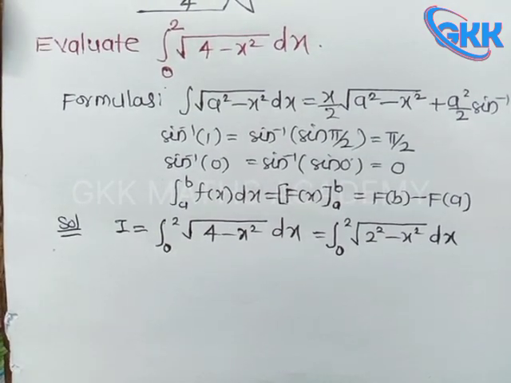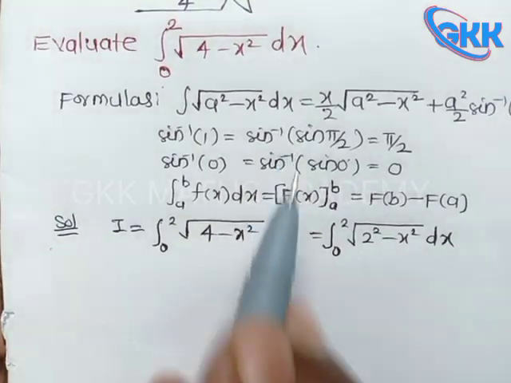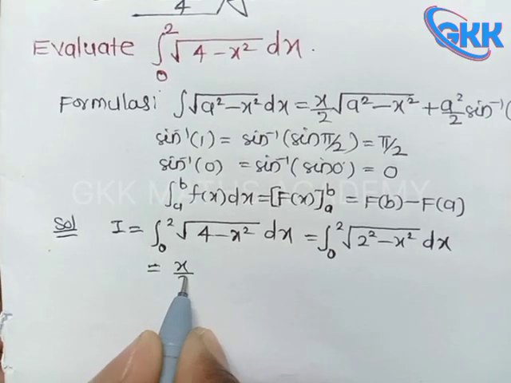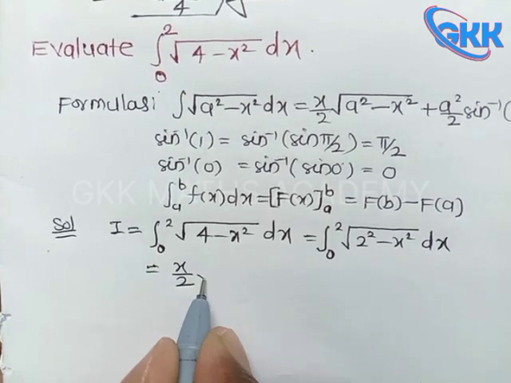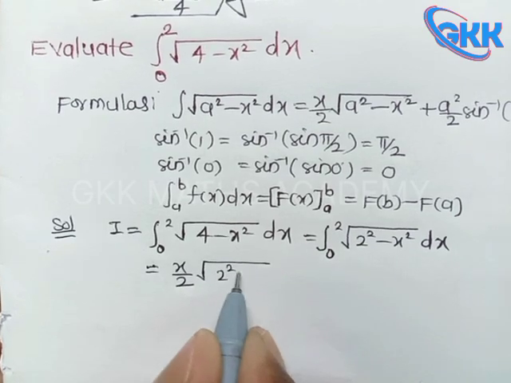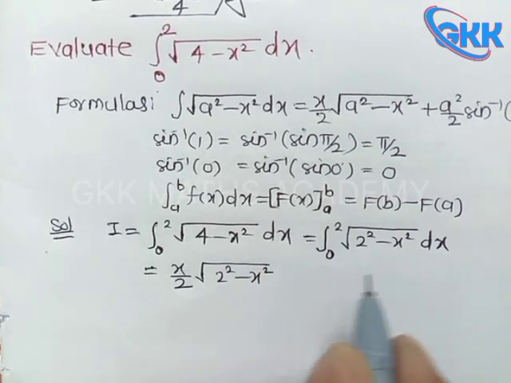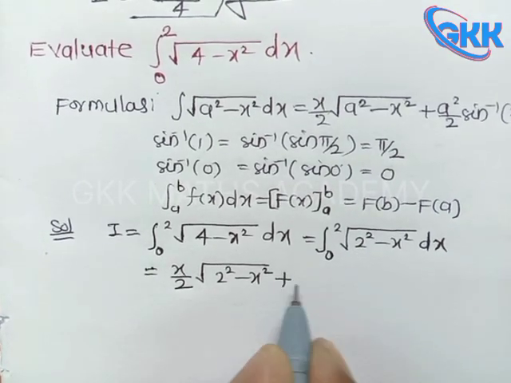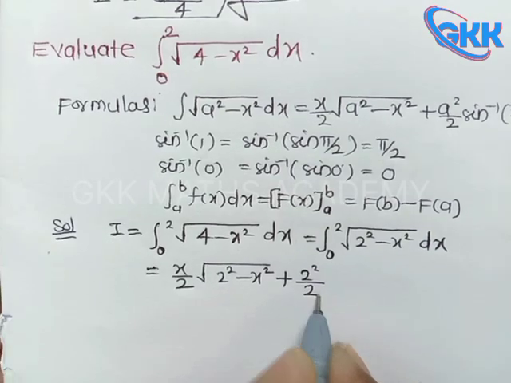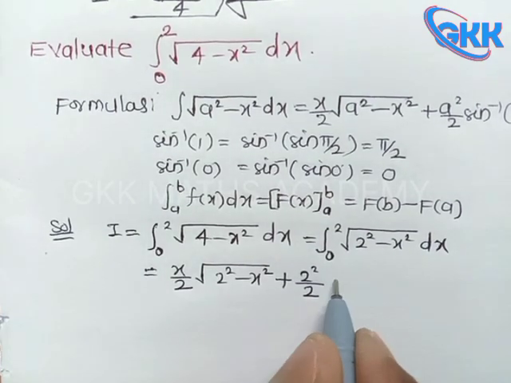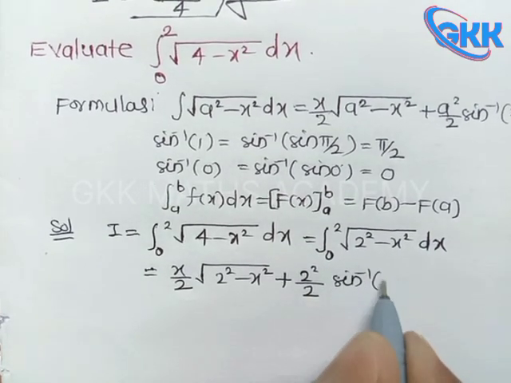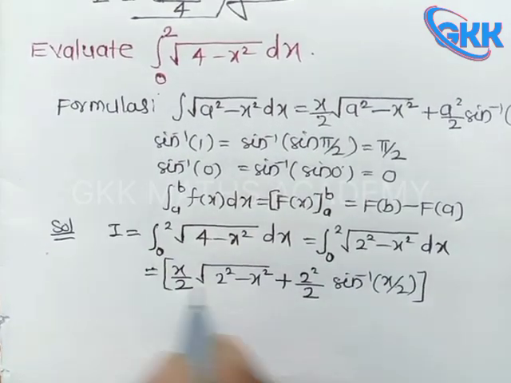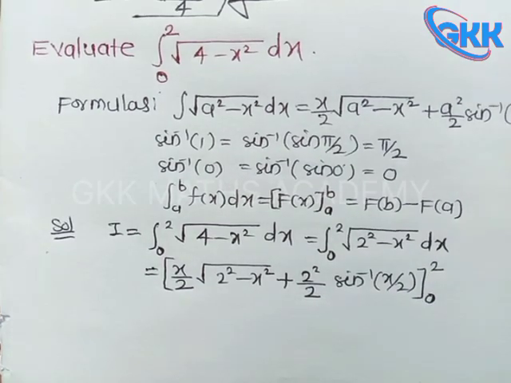Now here we apply the formula. First of all, what is the formula? x upon 2 square root over 2 square minus x square, as it is we will write it, plus a square upon 2 sine inverse x upon 2, then we apply the limits 0 to 2.